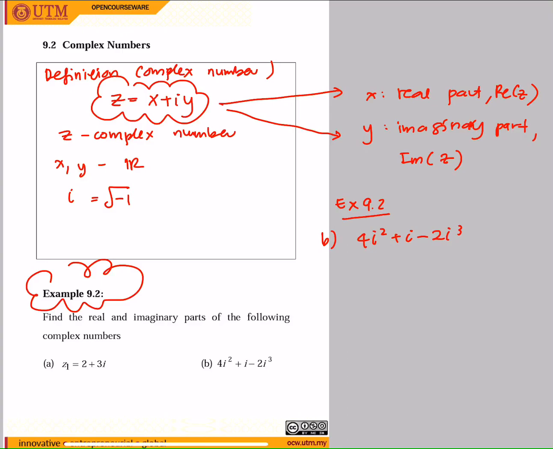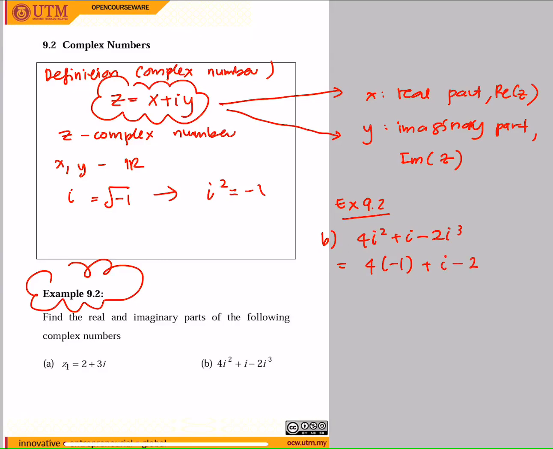So we need to reduce this expression into X plus iY. We know 4i squared: i squared is minus 1, so minus 4 plus i minus 2.